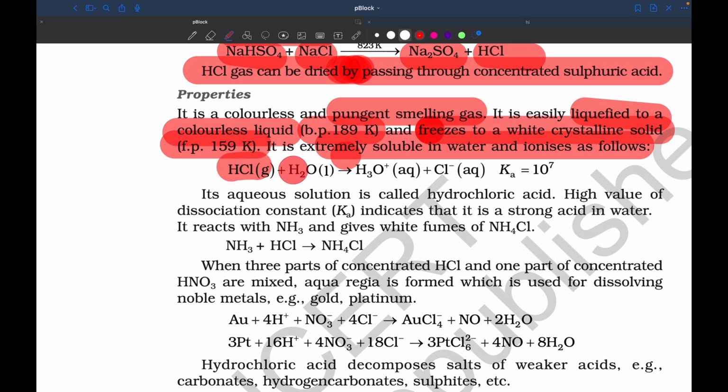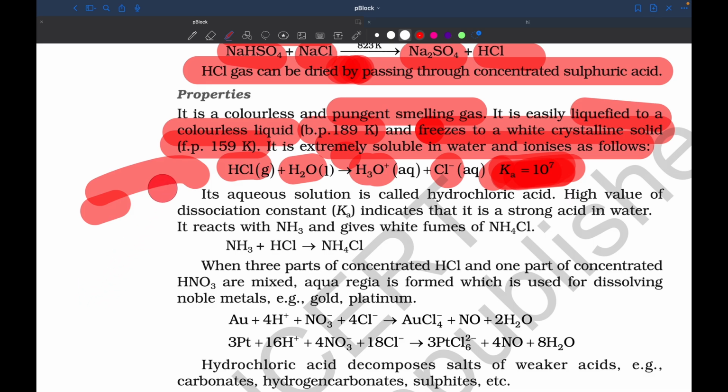So HCl plus H2O gives H3O plus Cl minus. Ka of the reaction is very large, which indicates HCl is a strong acid. Its aqueous solution is called hydrochloric acid; the high value of dissociation constant Ka indicates it's a strong acid in water.